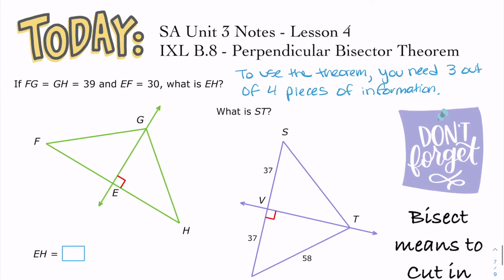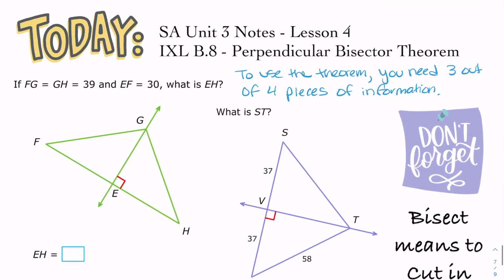And that information has to do with congruence. Okay? But you need 3 out of 4 pieces of information to use the theorem, and also to determine congruence. I'll explain what that means.